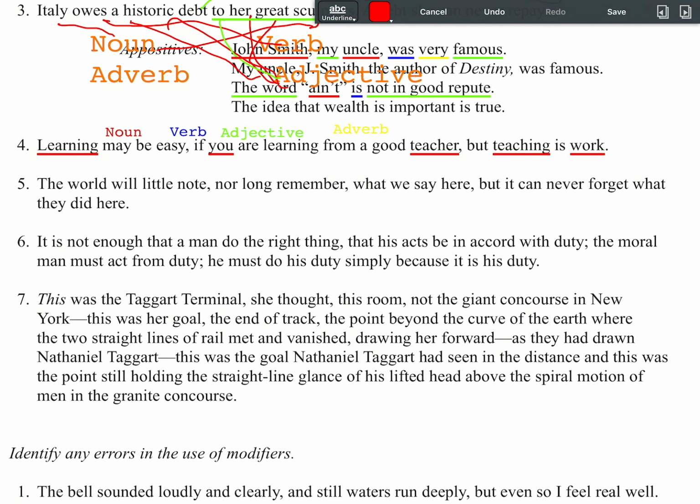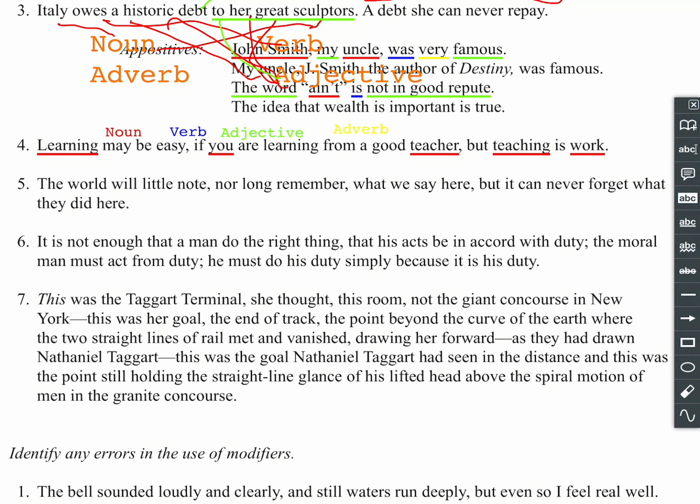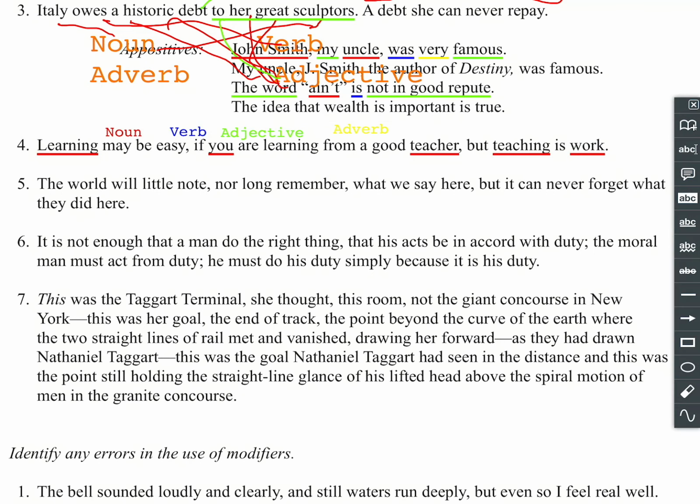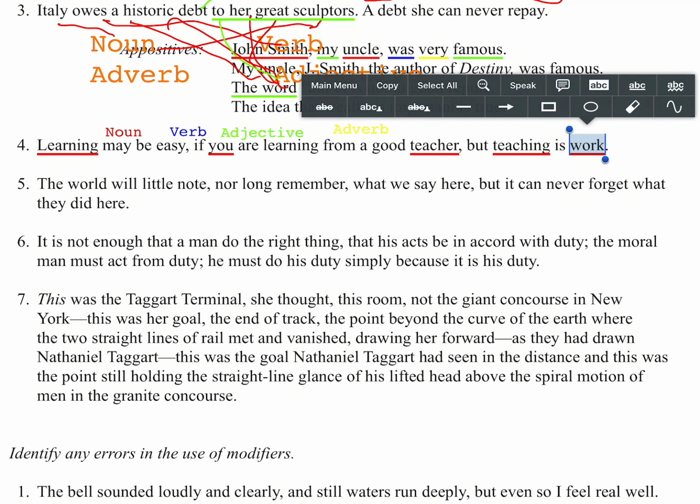My bad. All right, so save, but then I'm gonna change the color of this one. I don't know how to do that.